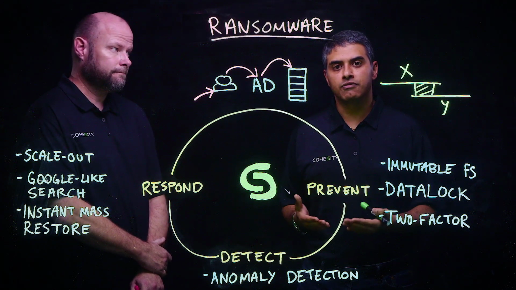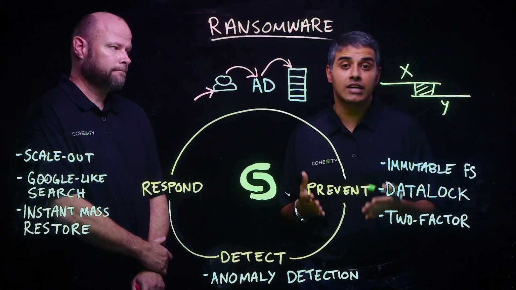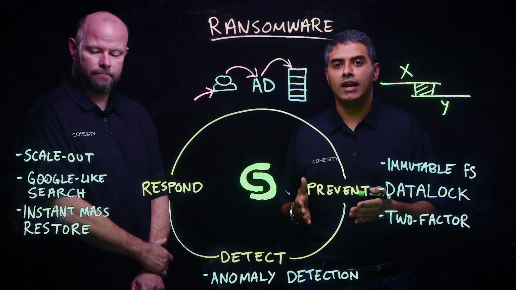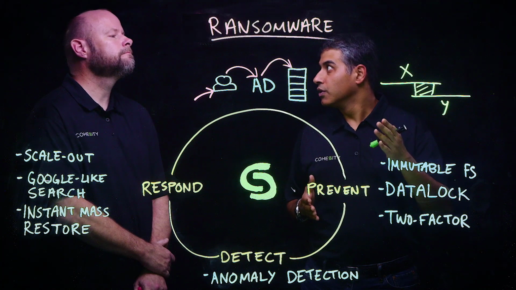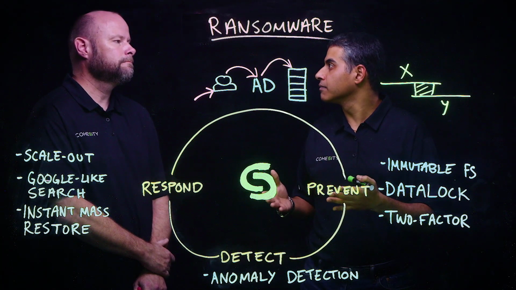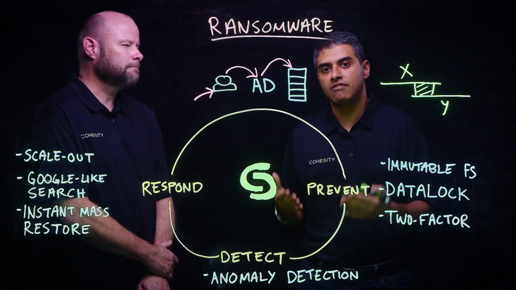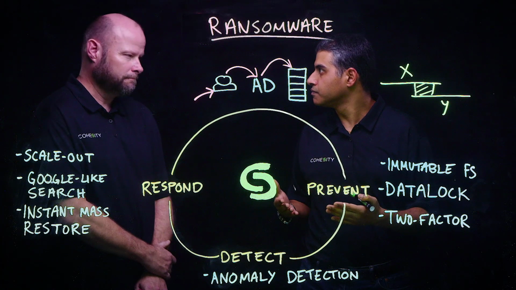And given that it's a distributed file system underneath, we can expose that data as NFS or SMB to allow the IT admin or the user to actually access that data from Cohesity while the recovery is happening. So they're not waiting for the entire infrastructure to come up. The data is available directly from Cohesity.